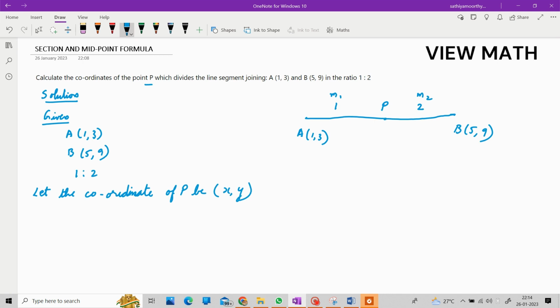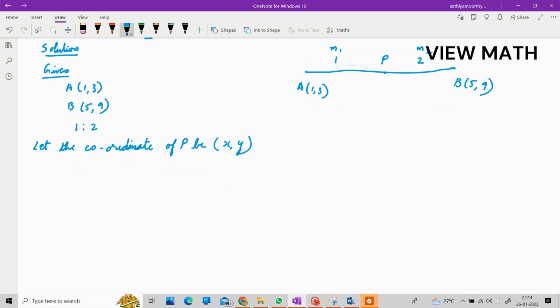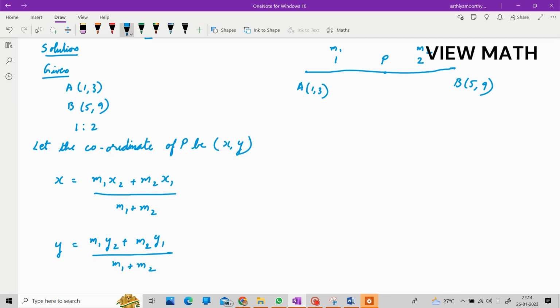I'm going to use the section formula. The section formula is x equals m1 x2 plus m2 x1 by m1 plus m2. This is my x coordinate, and the y coordinate is m1 y2 plus m2 y1 by m1 plus m2.